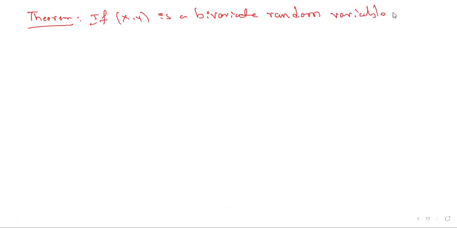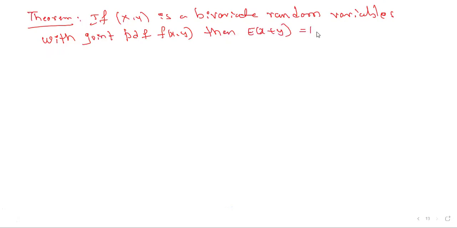So the theorem: if x comma y are bivariate random variables with joint PDF f of x comma y, then the expected value of x plus y is equal to the expected value of x plus the expected value of y.